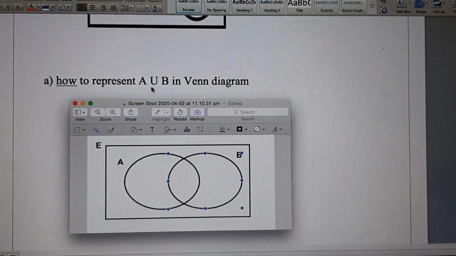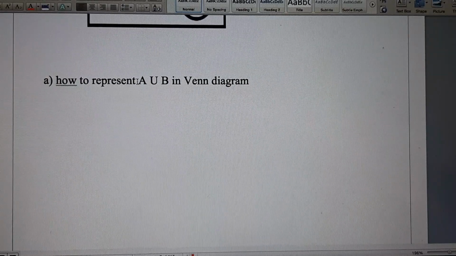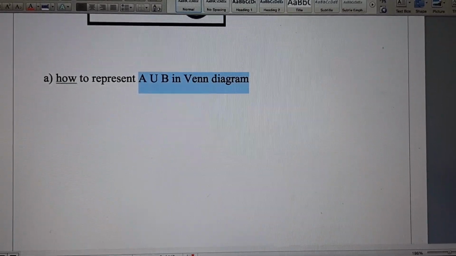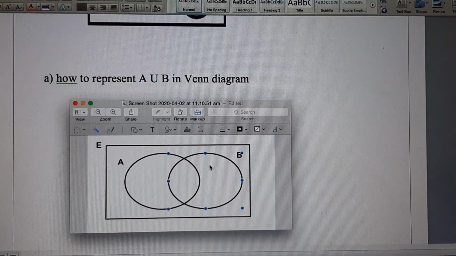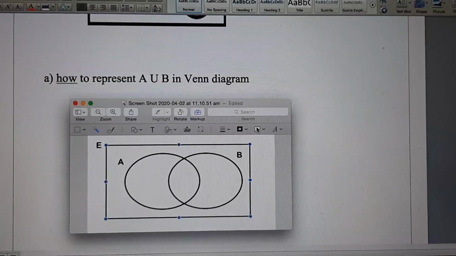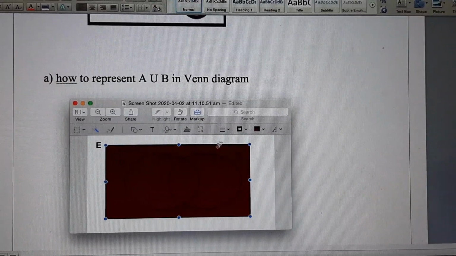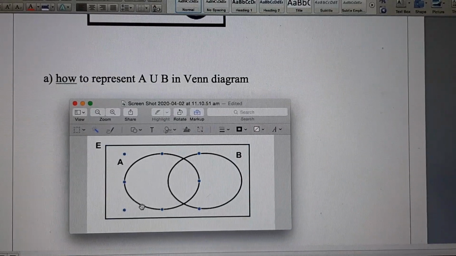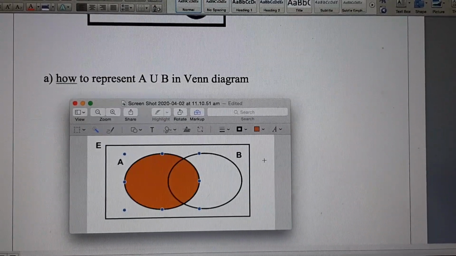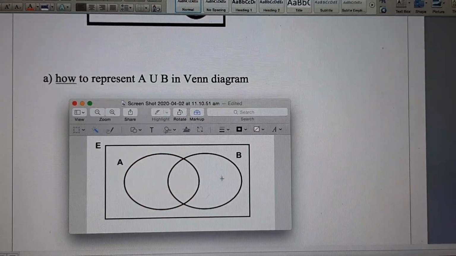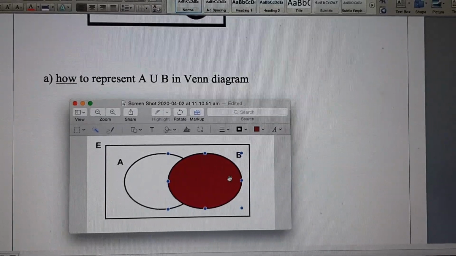Now for the case when you have to represent A union B in a Venn diagram, the Venn diagram will be of this type. This rectangle represents a universal set, while this circle A represents any subset A, and this circle B represents another subset.